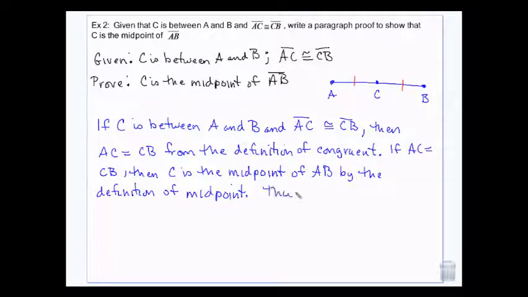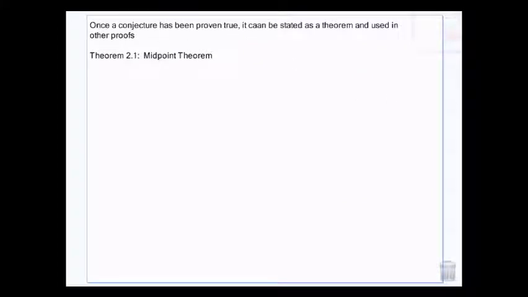And then I can say thus C is the midpoint of AB. So we've proven it. We used facts that if they're congruent, that makes their measure equal. And if the two measures are equal, then that makes it a midpoint. And we used definition of congruent and definition of midpoint to get there. Is proven true.